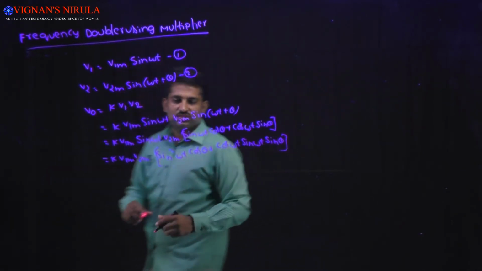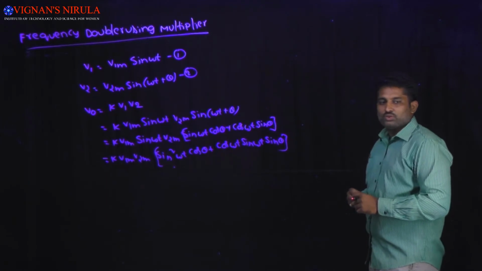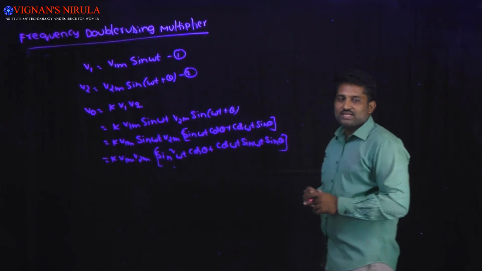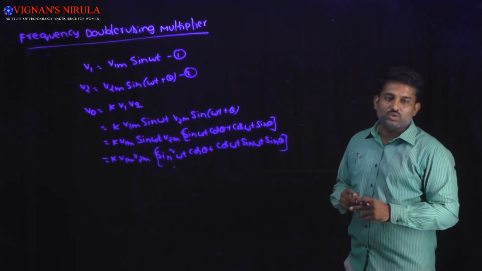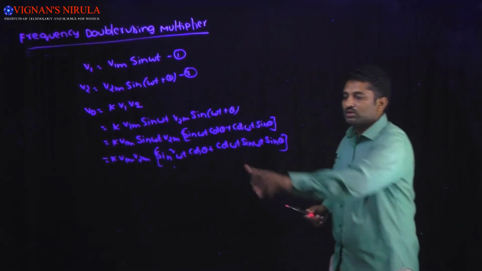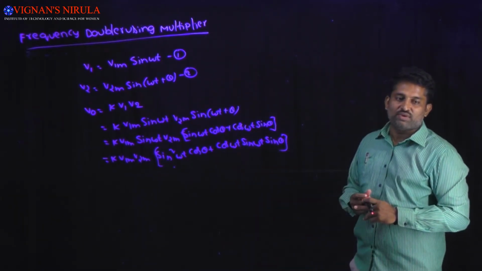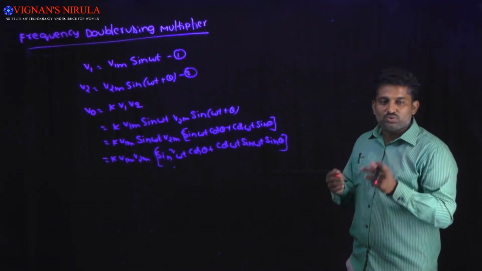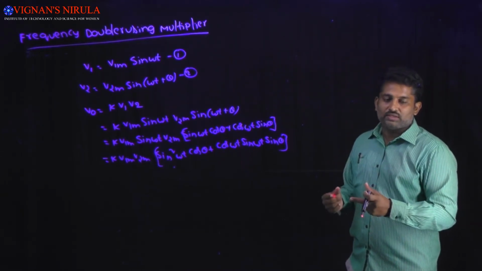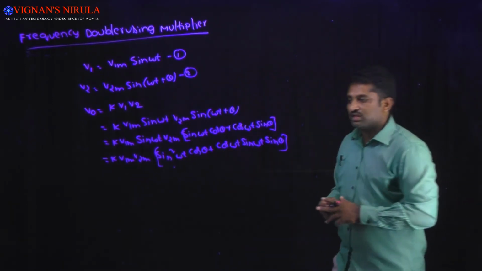Okay, from this we can get the output voltage equal to double the input frequency. How can we get it? As sine square theta is equal to 1 minus cos 2 theta divided by 2, and cos theta sine theta will be equal to sine 2 theta divided by 2. By using those two trigonometric expressions, we can easily solve this equation.